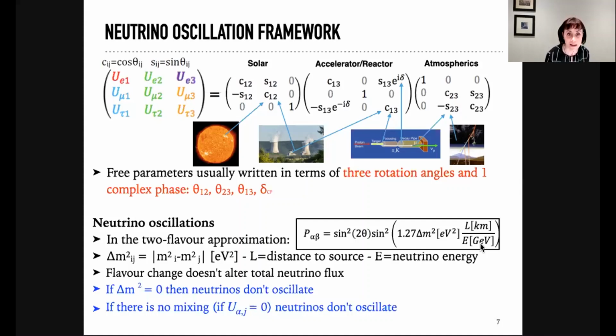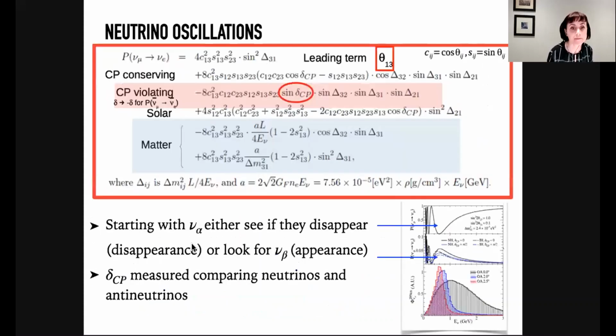And this dependence is on the distance, the energy of the neutrinos, and then the delta m square, because as I mentioned, they do have a mass, or better, we observe the oscillations, so we said that they have a mass. And this is the difference in mass squares.